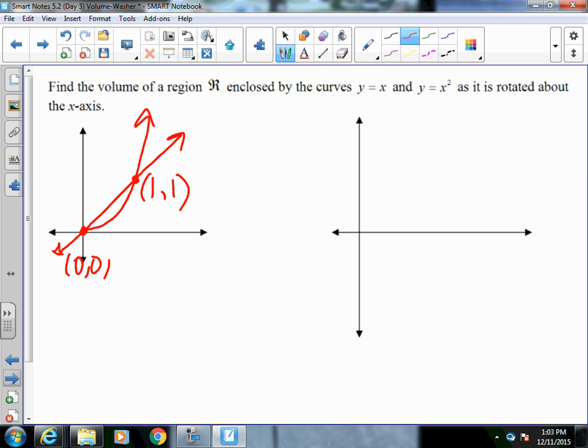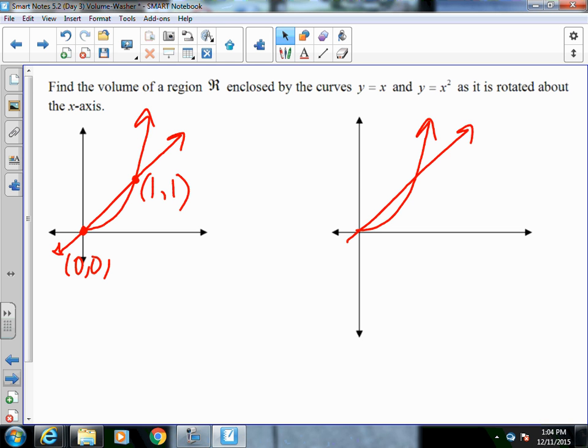So, we've got y equals x, we've got y equals x squared, and we're taking this enclosed little crescent-shaped region, and we are rotating it about the x-axis. It ends up looking something like this.